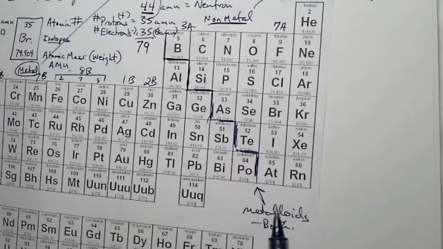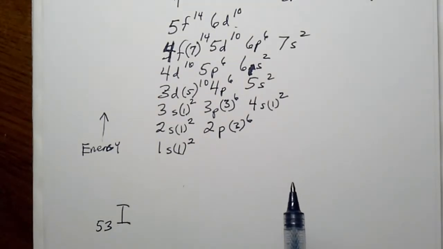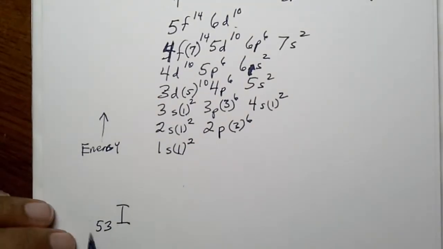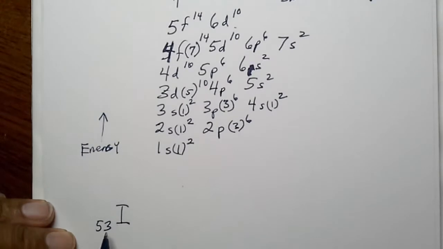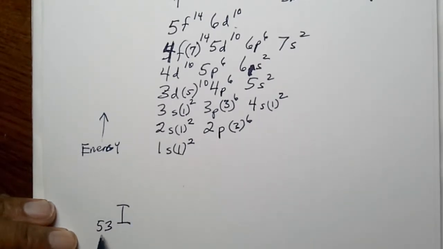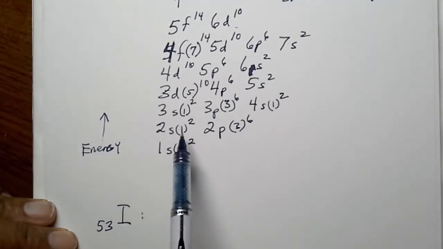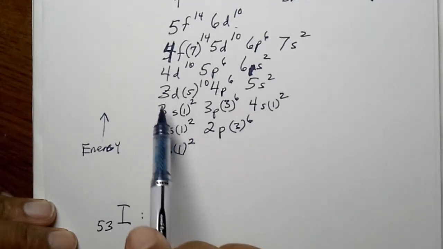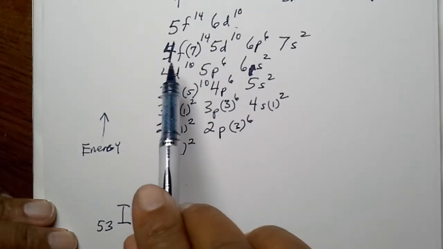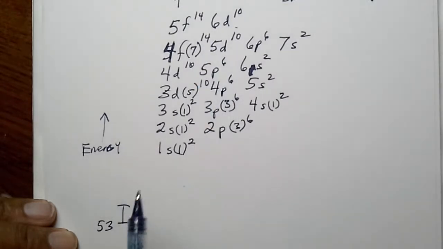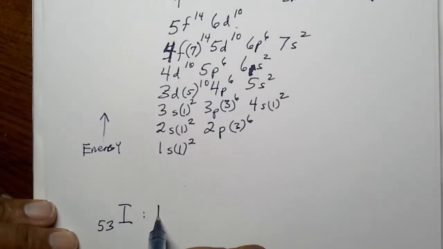And this is quite a large number of electrons. How are they configured around this element? Well, what do we have to do? We have to count the number of electrons based on their pattern and write the configuration until we get to 53. And I'll do that right quickly.